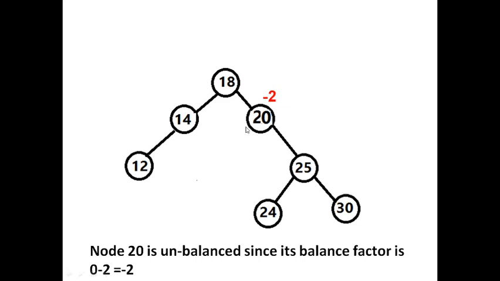But it is still not an AVL tree, because as I already mentioned repeatedly, we must ensure that at every node level this balance factor is maintained properly. So at node 20 it is not proper, its balance factor is minus 2, and so this cannot be treated as an AVL tree.